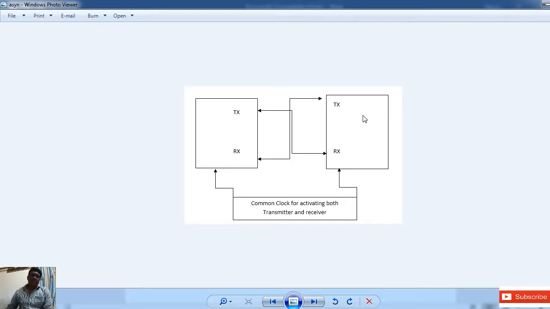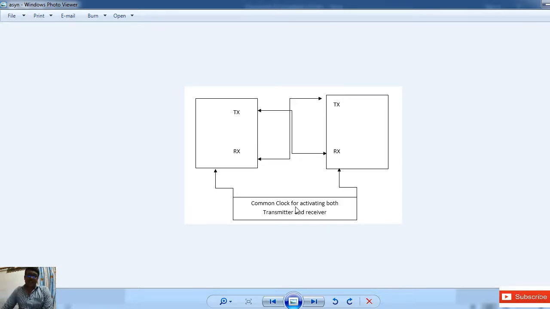The transmitter of one has been connected to the receiver of the other, and the transmitter of the other is connected to the receiver, as shown in this figure. Another thing is there is a common clock for activating both transmitter and receiver. This is present for both synchronous and asynchronous communication.